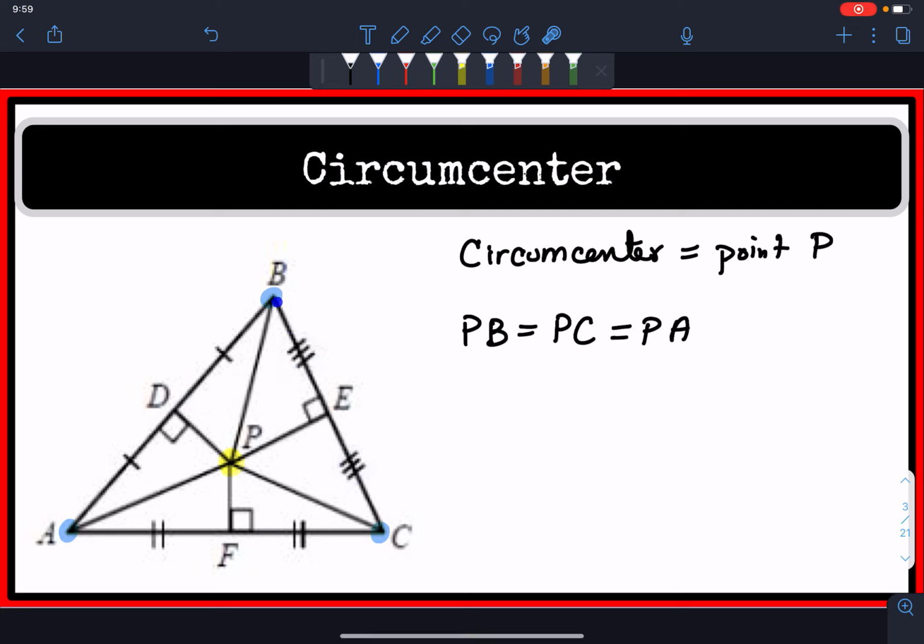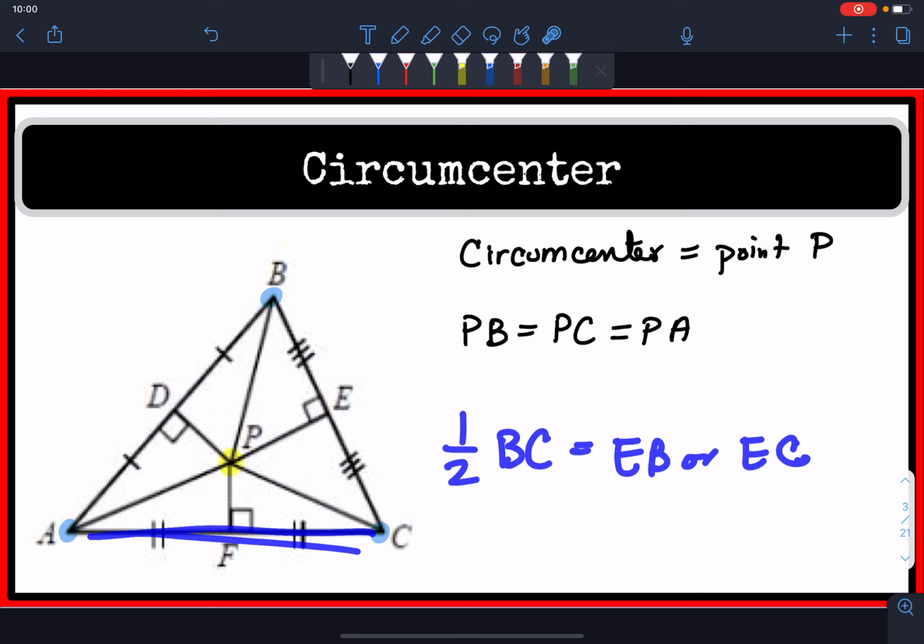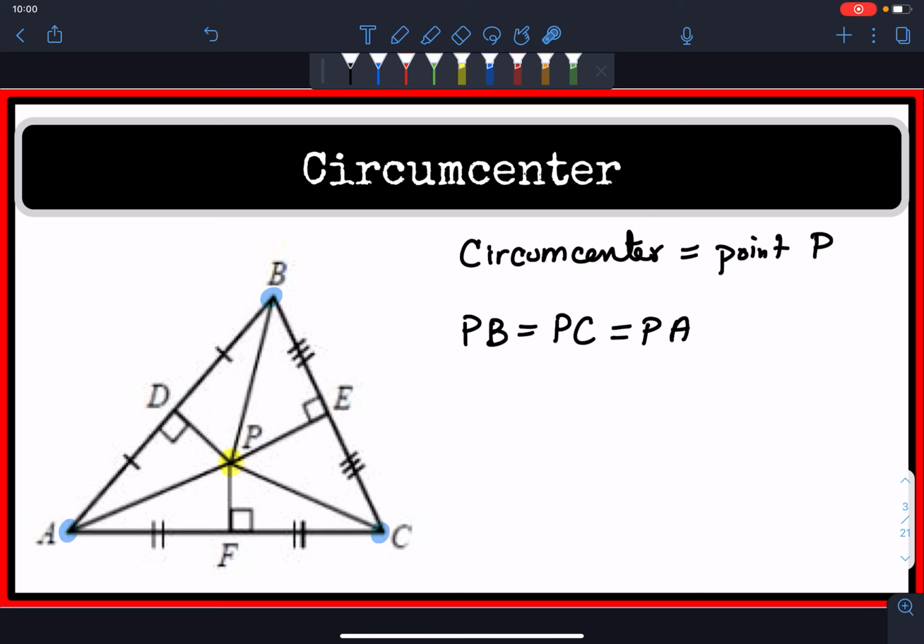So the distance from B to C is equal to twice the distance from B to E, or better said, the distance from B to E or E to C is half the distance from B to C. And the same thing again down here: F is going to be in the middle, and this long segment can be broken up into two equal parts, and the same thing up here. D is going to be exactly in the middle.